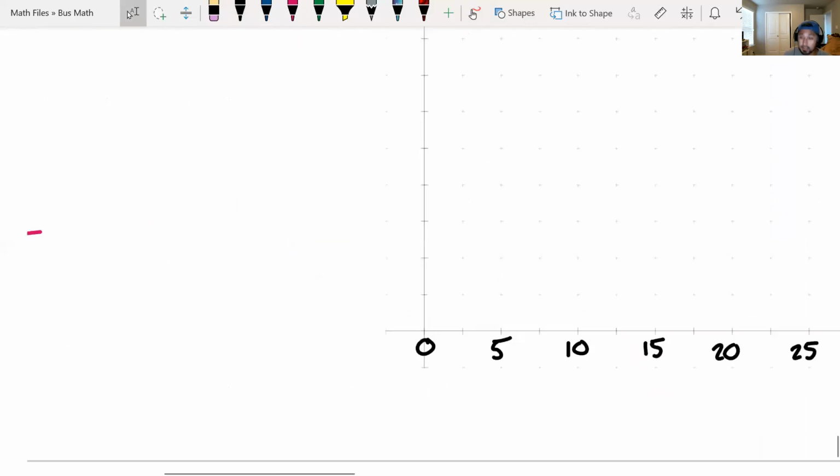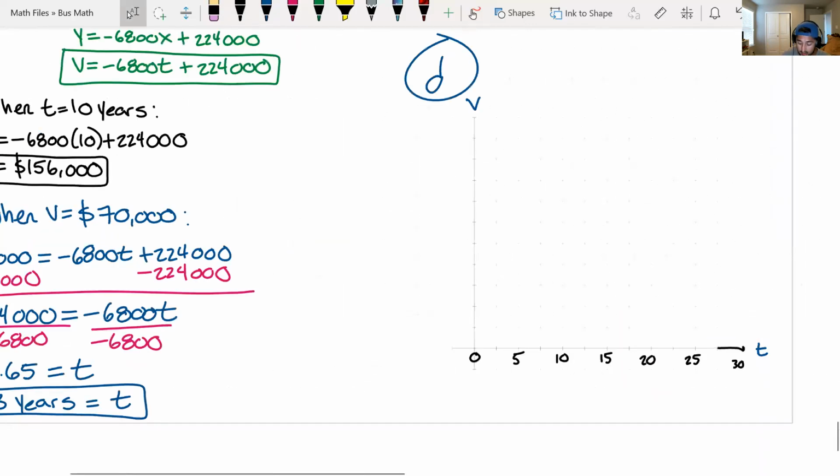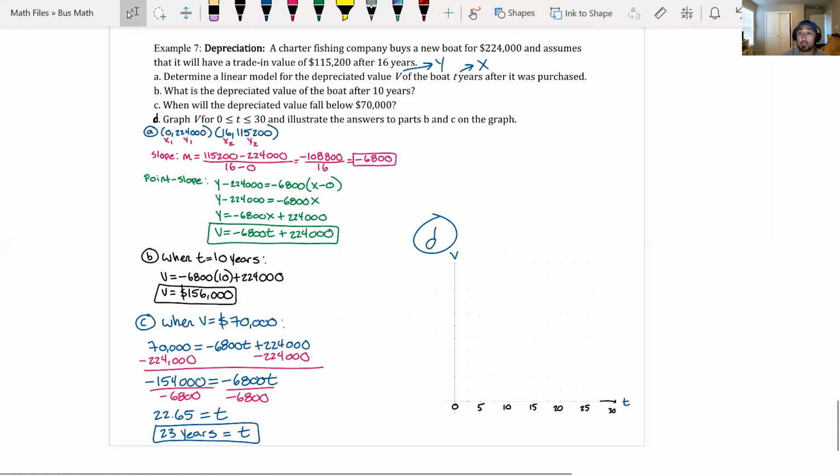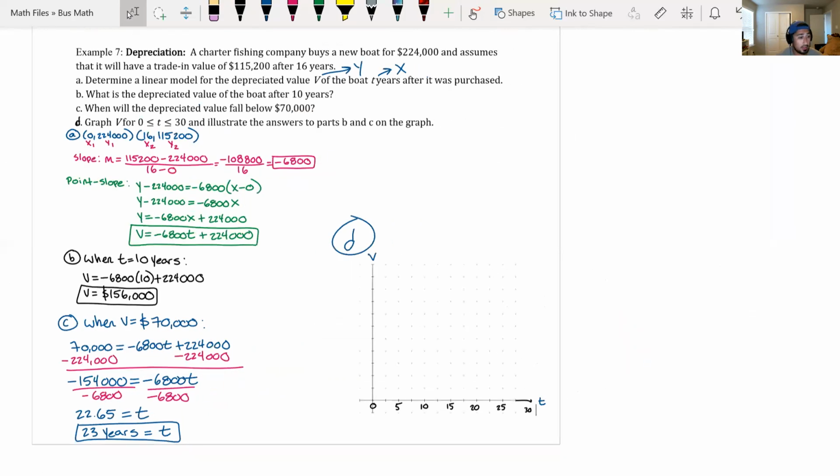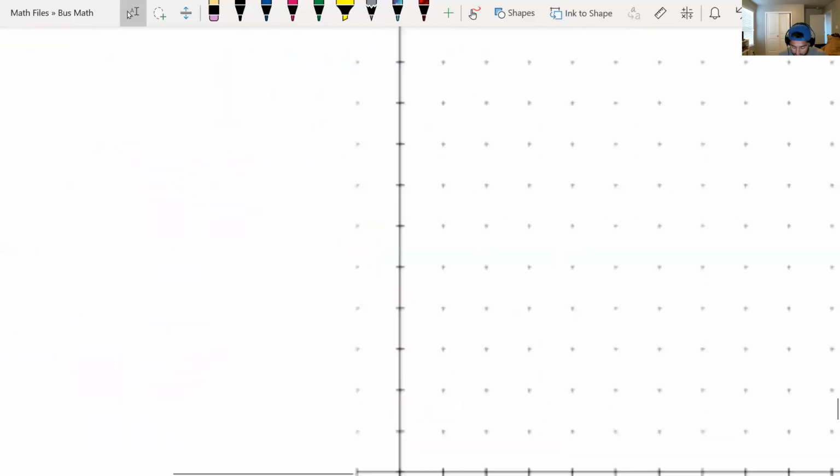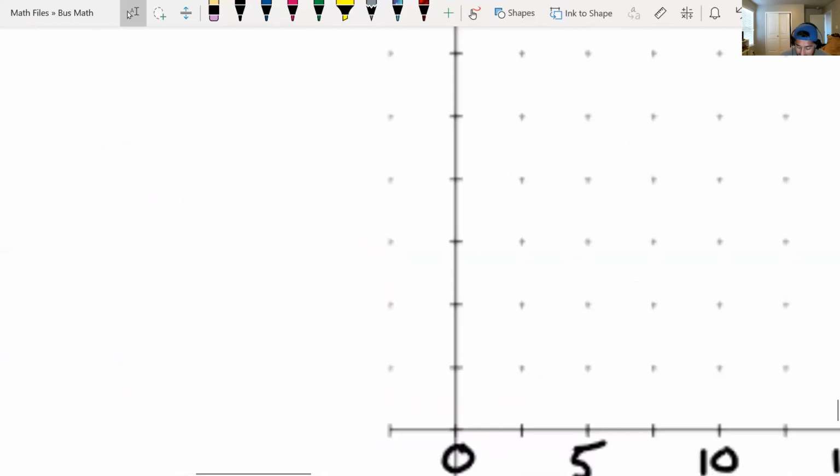Okay, and then let's look at the Y values we have. We bought the boat for $224,000. In 10 years, it'll be worth $156,000. And in 23 years, it'll be worth $70,000. So I say we can go by 50,000. Why not? And I think I can skip around on this one.